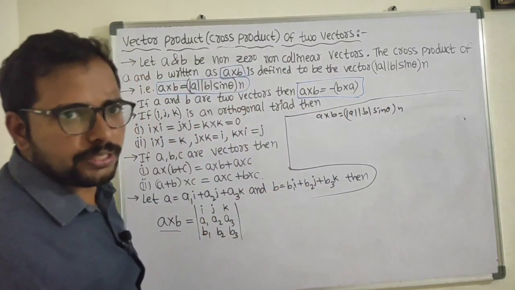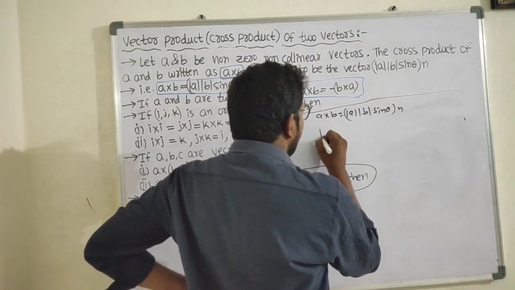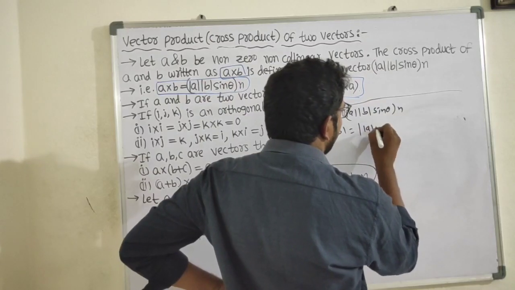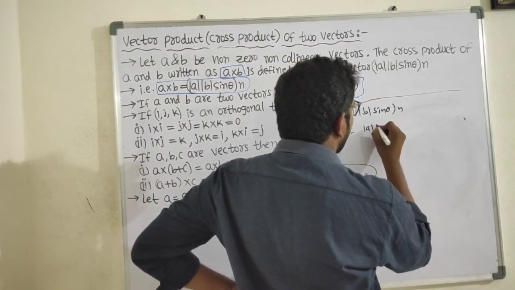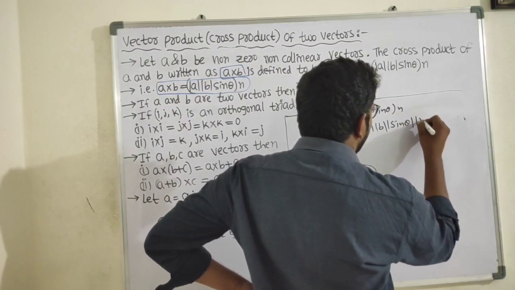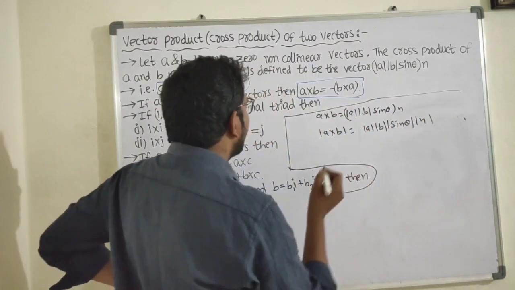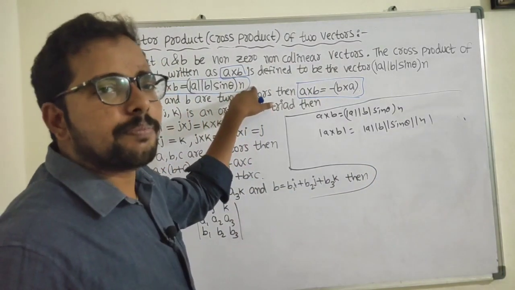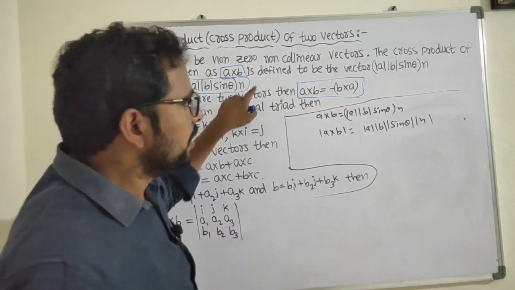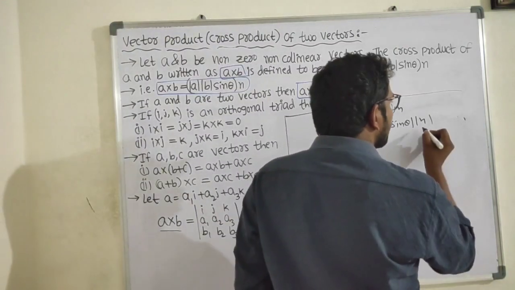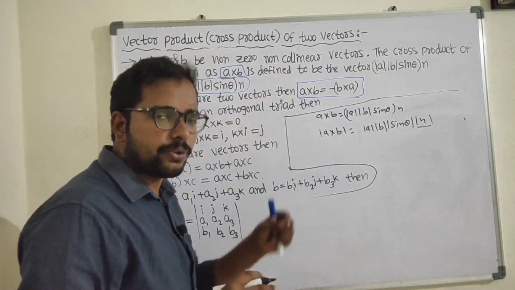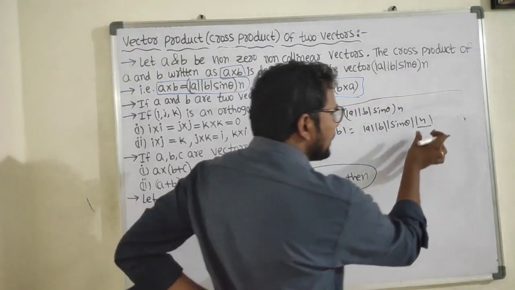Now take modulus on both sides. Modulus of A cross B is equal to mod A mod B mod sin theta into mod n. So what is n? n is the unit vector perpendicular to A and B. Since n is a unit vector, its modulus, its magnitude, is 1. Therefore take this as 1.